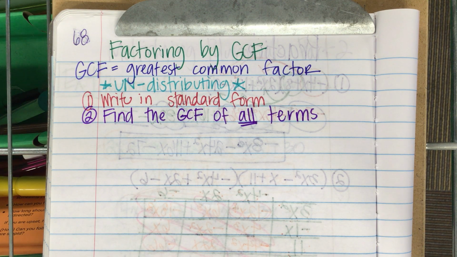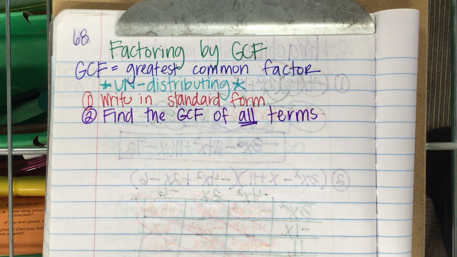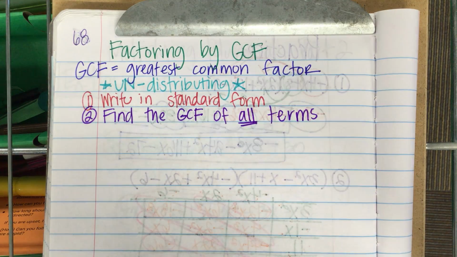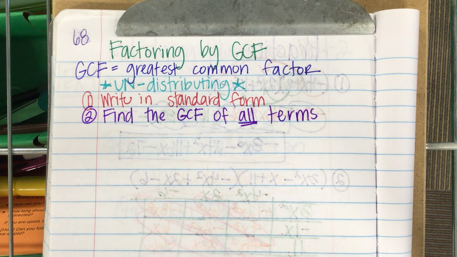So if you had 2x, 4y, and 6z, they're all even, right? So they could all be divided by 2. So you're looking to see what they all have in common. Sometimes they only have numbers in common. Sometimes they have numbers and variables in common. You have to look and see what they all have in common.